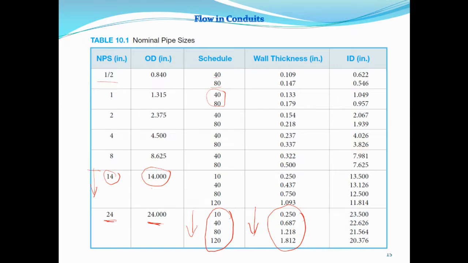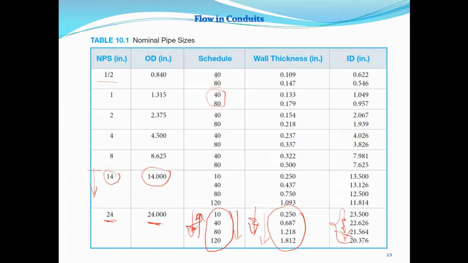And if you see here, as the wall thickness increases, the inner diameter, or the inside diameter, decreases. As this increases downward, this one is decreasing.